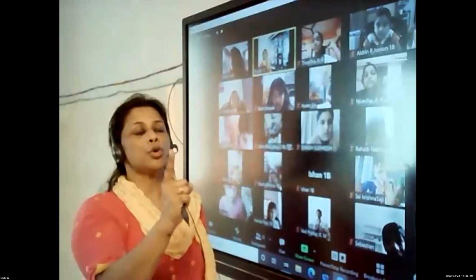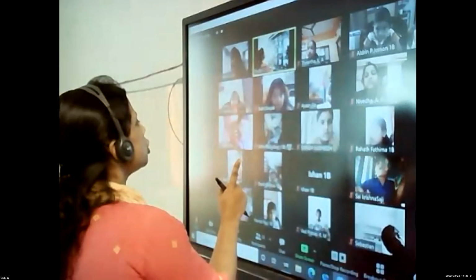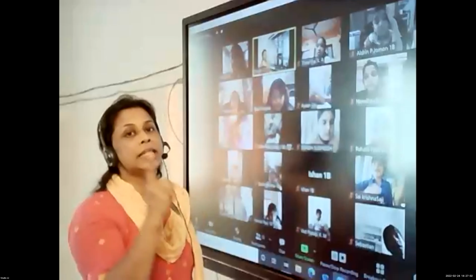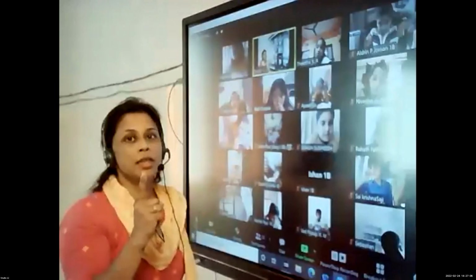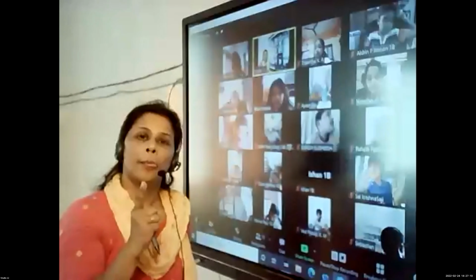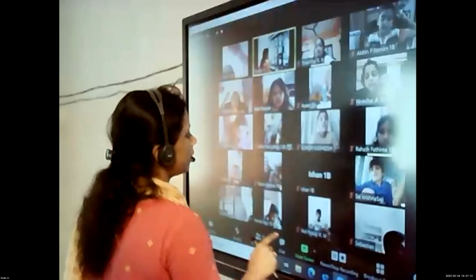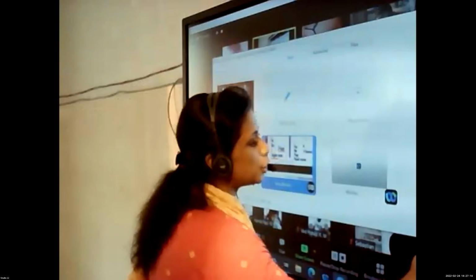What do we have to use, has or have? We have to use has with singular. Has is used with singular.